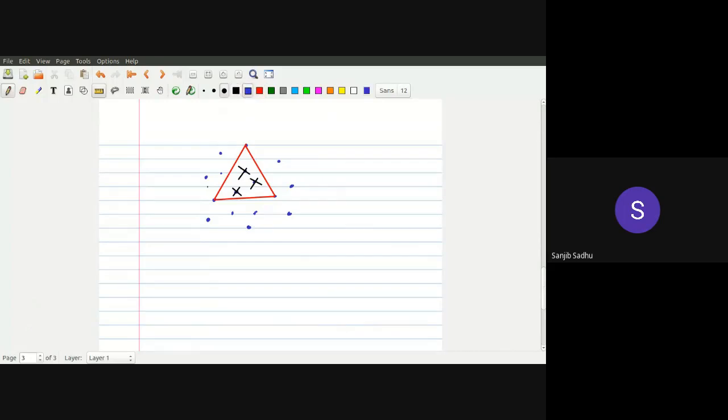Clear? So suppose you are drawing like this. So what happens now? You remove this one, because this point is inside, and also remove this.